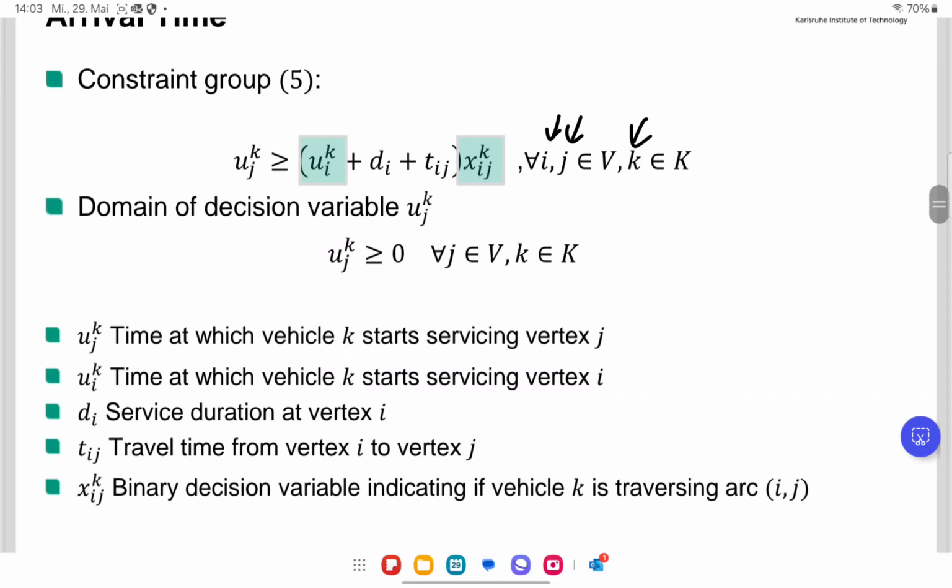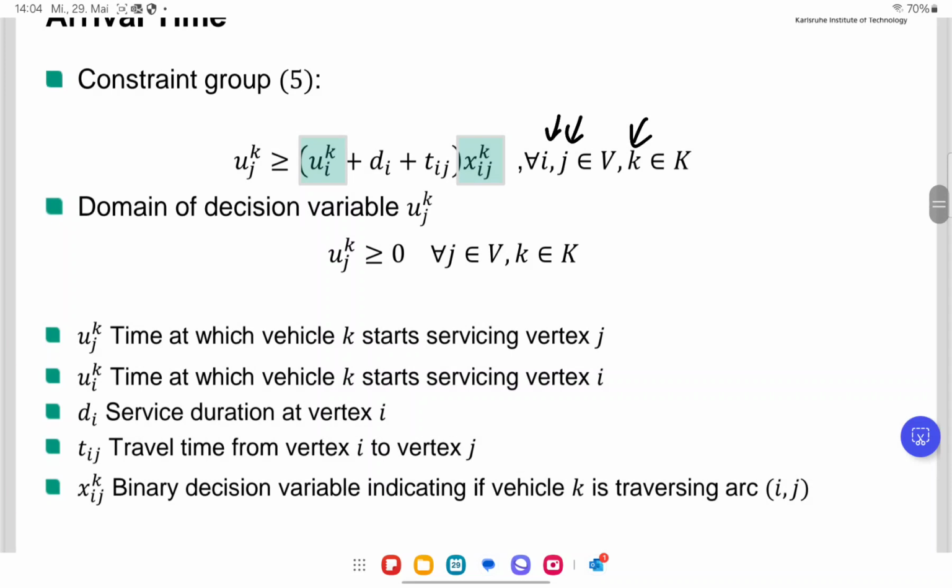As soon as this constraint should hold for several indices, then you can use the plural and say constraints 5 or constraint group 5. Of course, if we talk with each other, then it's simpler to say simply constraint 5 is saying this and that.